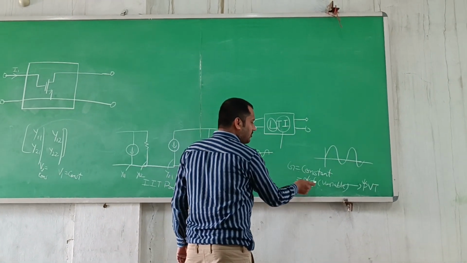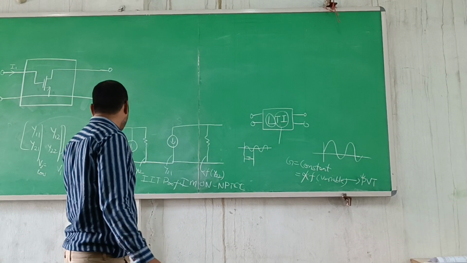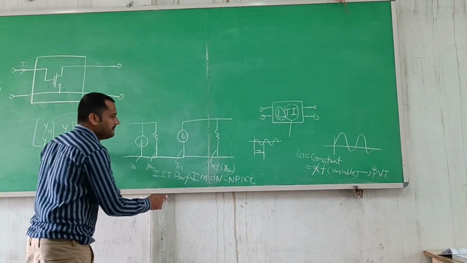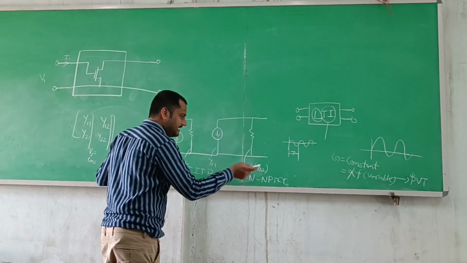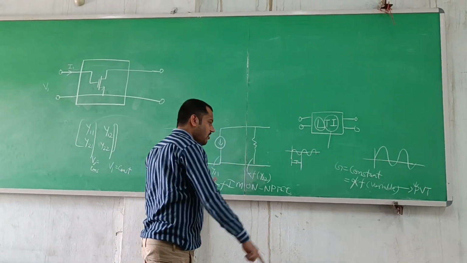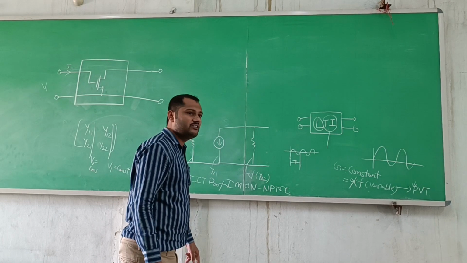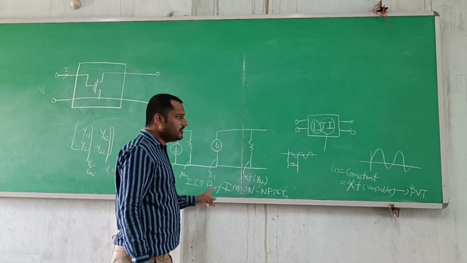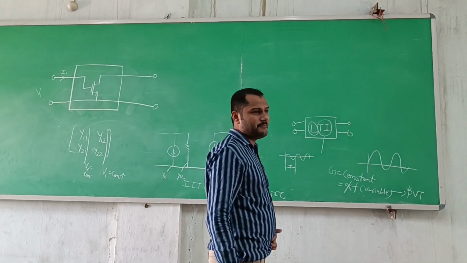So for this constant gain, all these Y parameters also need to be constant. If you want to achieve this, all these Y parameters must be constant. Then only we can achieve this. Getting my point or not?